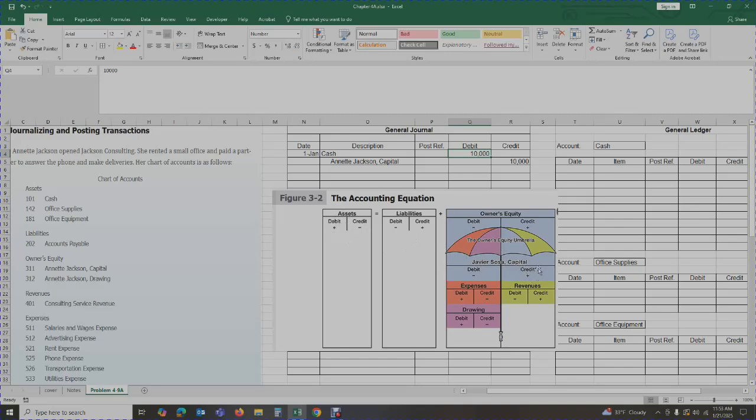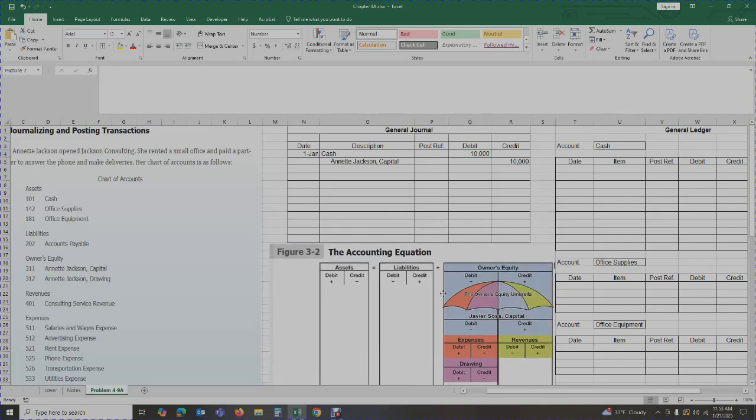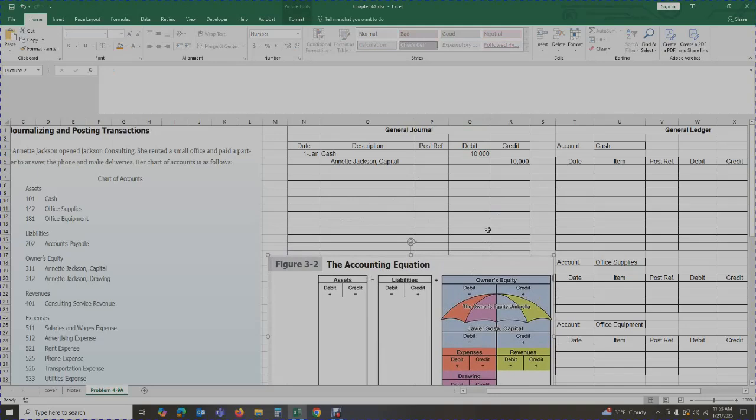The capital is increasing with a credit. Remember, for accounting equation purposes, debits must equal credits. And then we would put a short description: original investment in the business. So that happened on January the 1st.